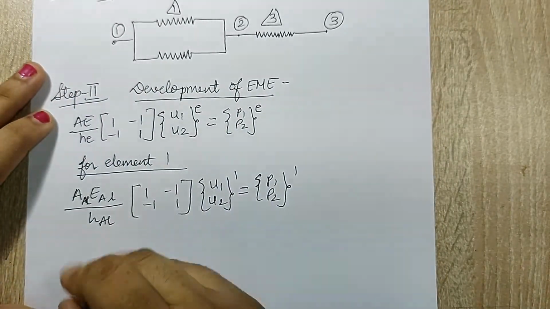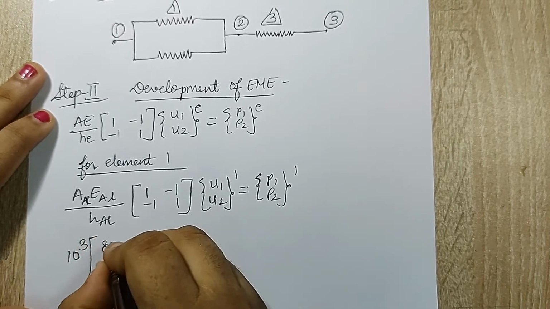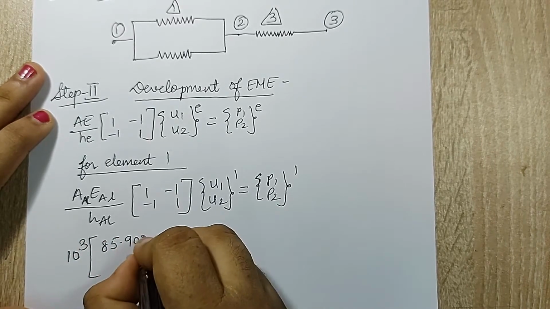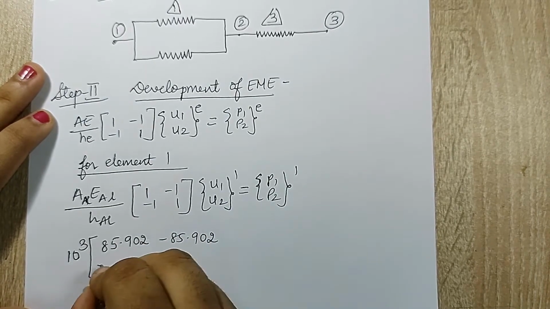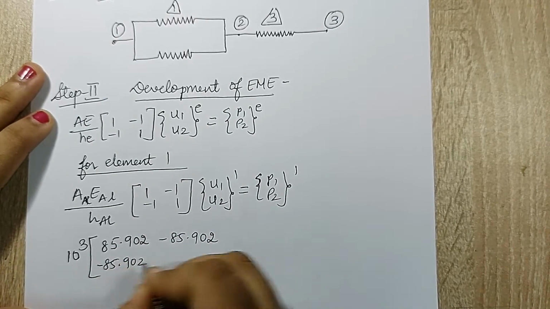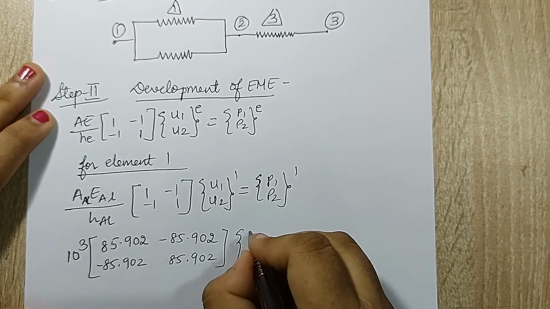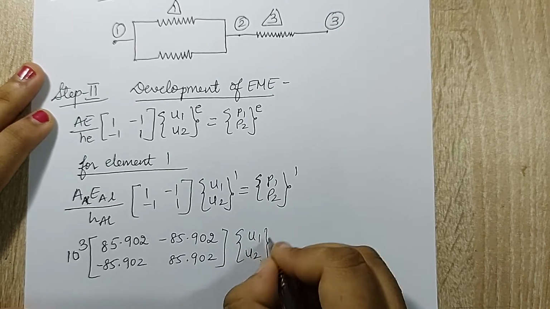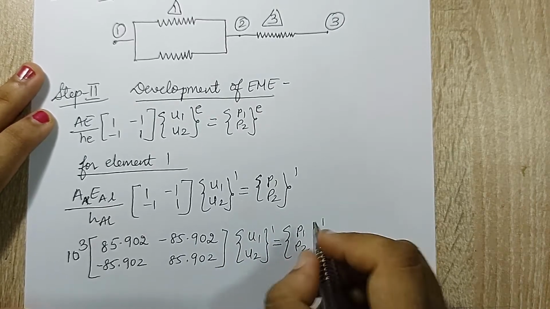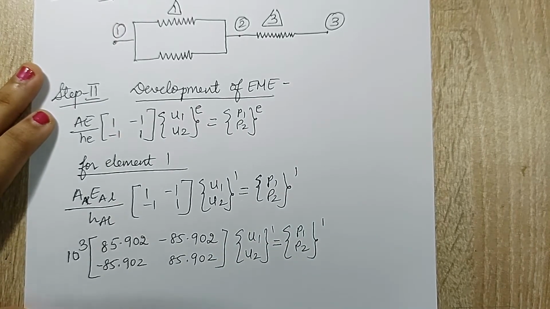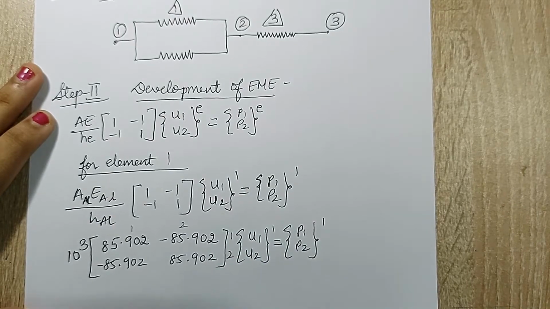So when you substitute, you will get the answer as 10 raised to 3 comma 85.902 as the value. Now element 1 is between node 1, 2, so I'll write 1, 2 over here.